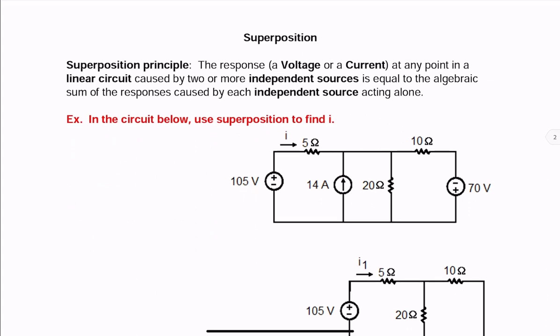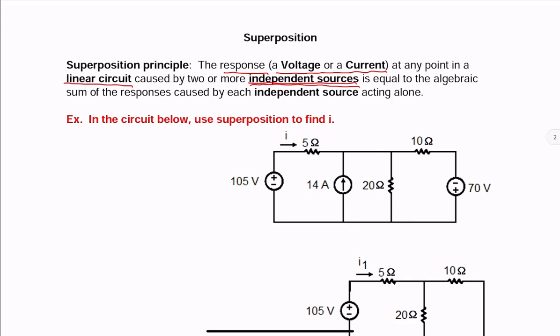Superposition states that the response, being voltage or current at any point in a linear circuit caused by two or more independent sources, is equal to the algebraic sum of the responses caused by each independent source acting alone. The emphasis is on independent sources. We concentrate only on independent sources.